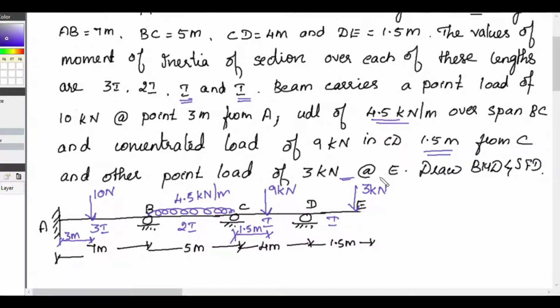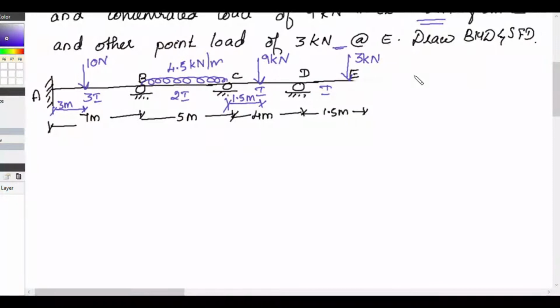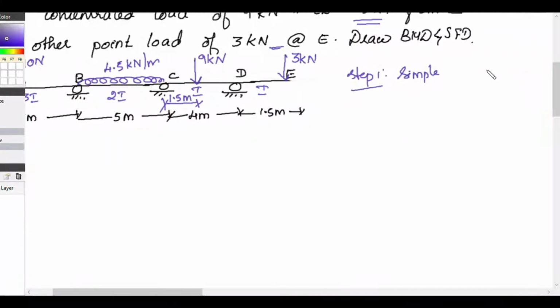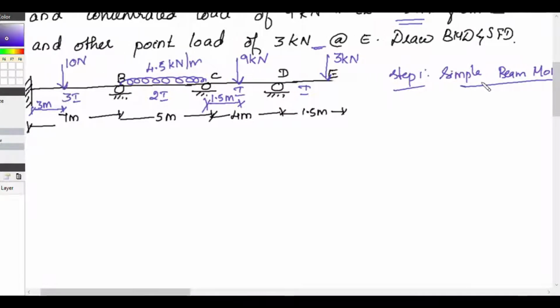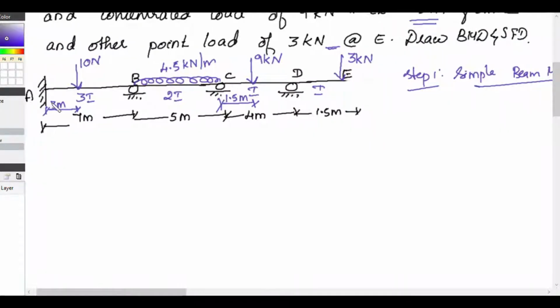Now, as usual, we will write our step 1. Our step 1 is to draw the simple beam moment diagram. So how will we draw the simple beam moment diagram? First of all, all the supports are considered to be simple supports.